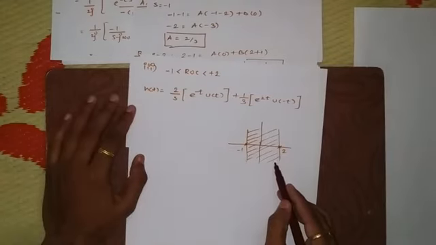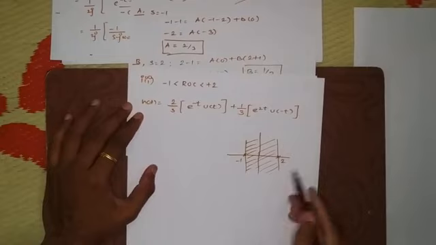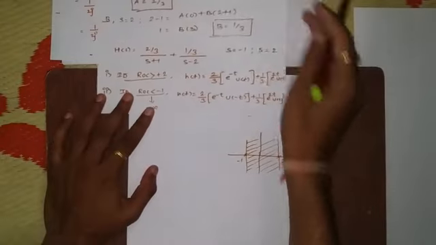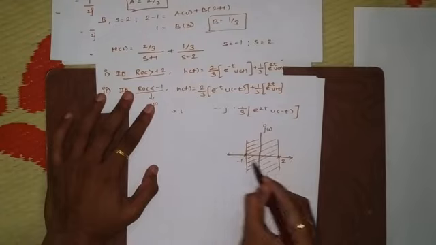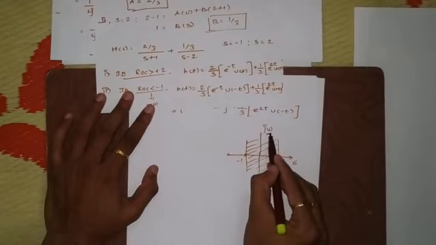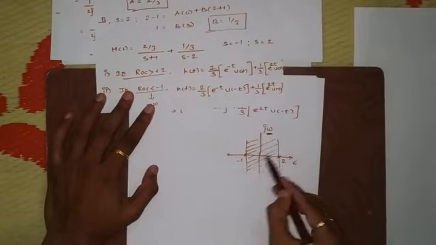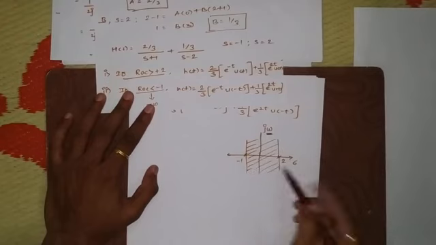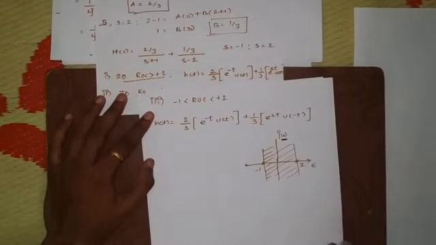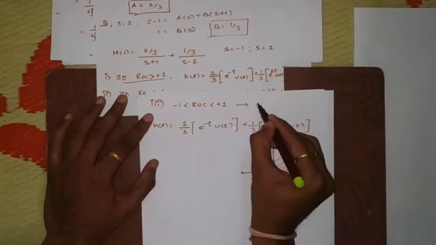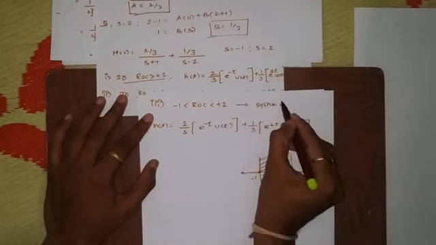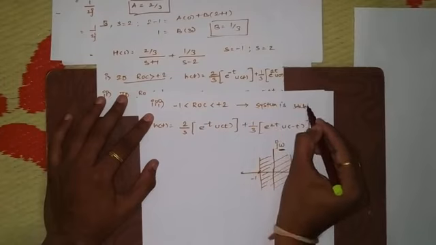That means you can say that an LTI system is said to be stable if it includes j omega axis. Remember, this is an important term. A system is said to be stable if it includes j omega axis. For this condition, it includes j omega axis. Hence, if ROC is greater than minus 1 and less than 2, then only the system is stable.